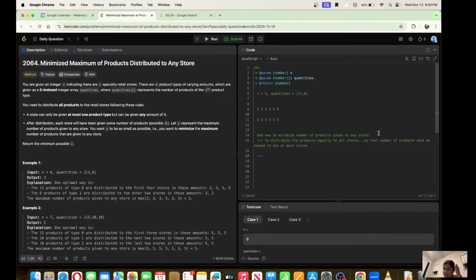Yeah, we could do that, but we cannot just divide and rule. We cannot just divide by some number, because there is a restriction that we can give a store only one kind of product.